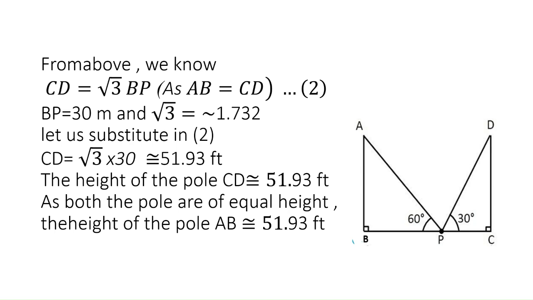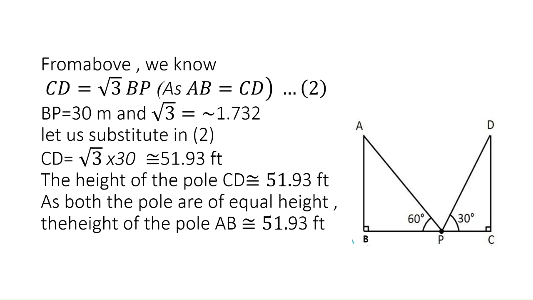CD is equal to root 3 into BP. So root 3 into the BP value, which is 30, gives CD approximately 51.93 feet. But what is given here? It is given that both the poles are of equal height.